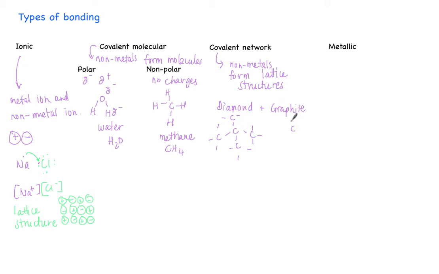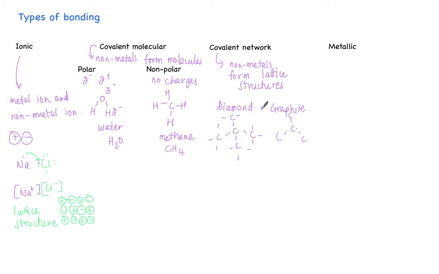Okay, and so it's an indefinite number of carbon atoms. Likewise, graphite, which is a little bit different, is going to have 3 bonds between other carbon atoms, and it's also going to have one kind of lone electron that floats between this lattice structure. Okay, we're not going to go into too much detail about graphite because I've covered that in another area about allotropes. So essentially, that is the difference between molecules and covalent networks.